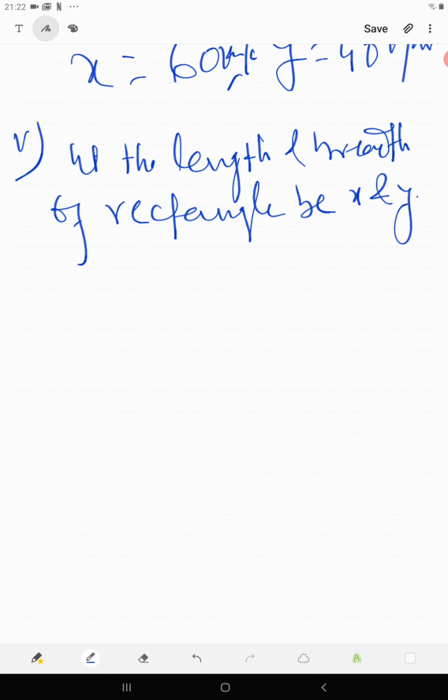Okay. So the first thing is, of course, the area is xy. So the current area is xy, because L into B is the area of the rectangle. Correct? This we know.